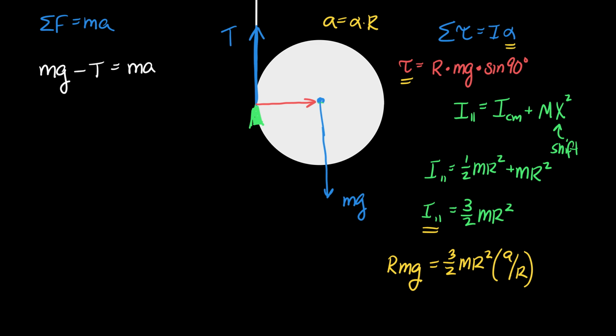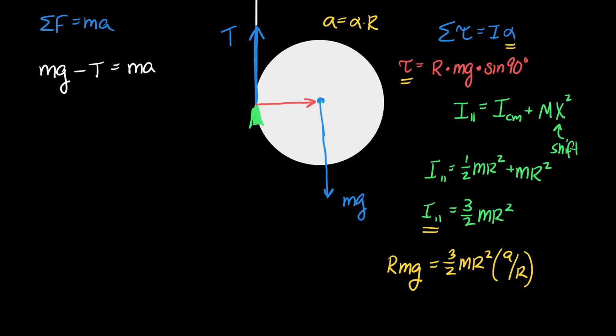Is it clear to you all the R's cancel here? I think so. Is it also clear that the M's cancel? So all the R's go away and the M's go away, and I'm left with g equals 3/2 a. How do the R's go away if the one next to the M is squared?